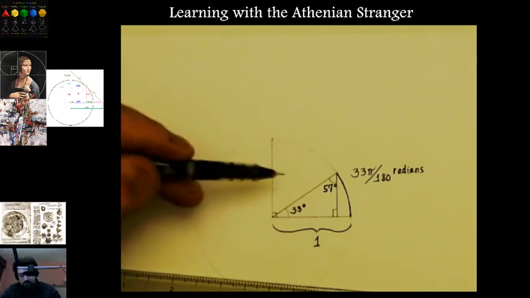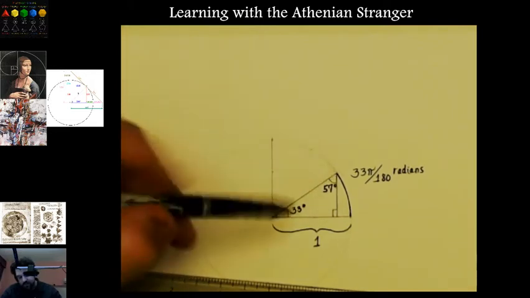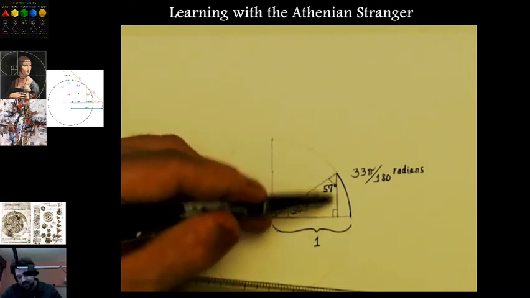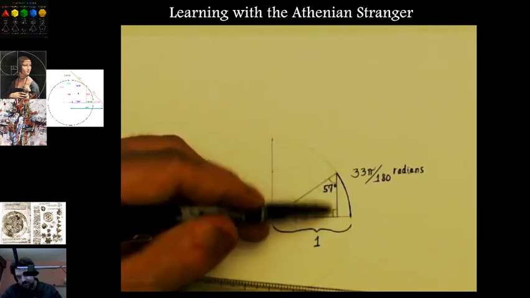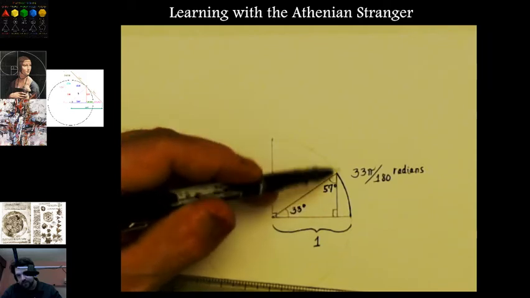All right. So now we're going to introduce something called the Taylor series. But before I do that, let me just point out the sine of 33 degrees is represented by this height. You see that? The sine of 33 degrees is this distance.